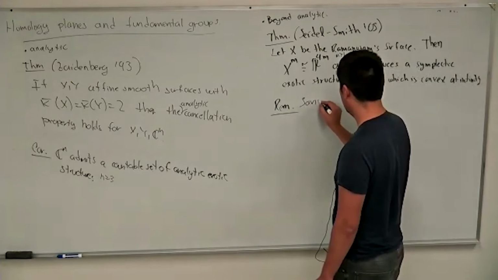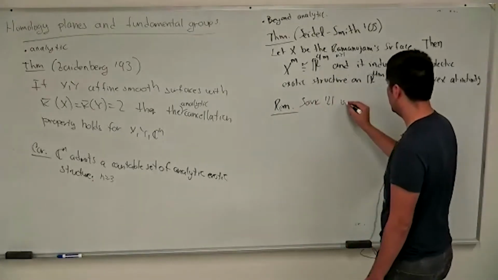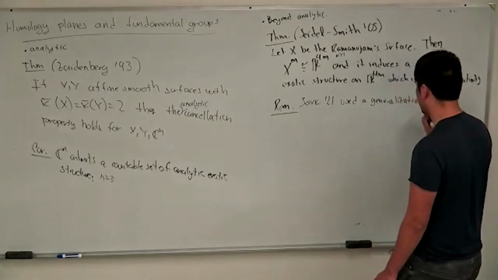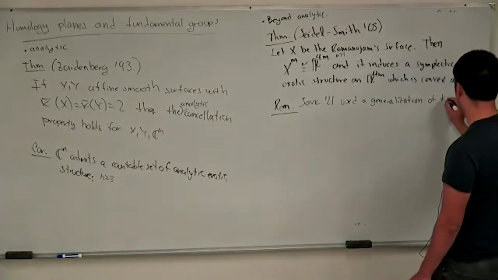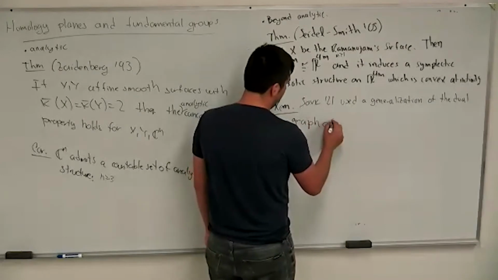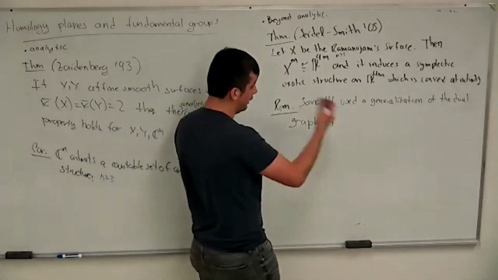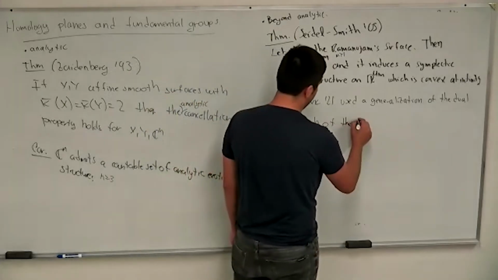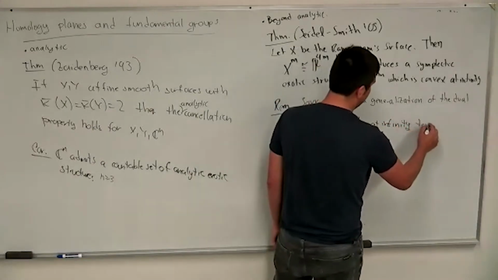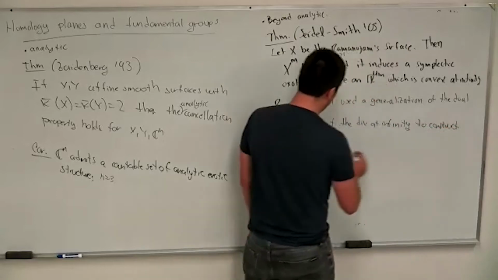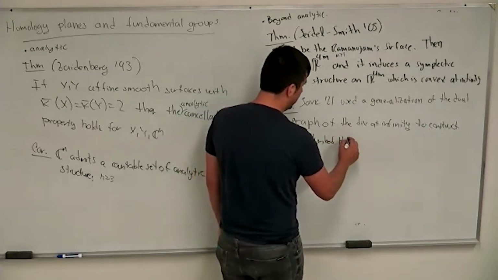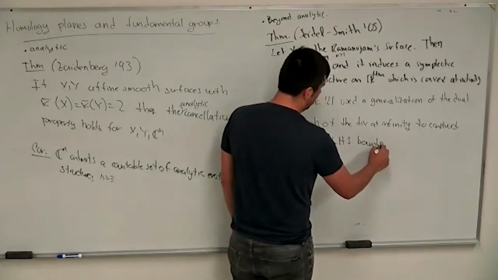Recently, SAP used a generalization of the dual graph of the divisor at infinity of the Ramanujan surface to construct new plumbed homology spheres bounding contractible manifolds.